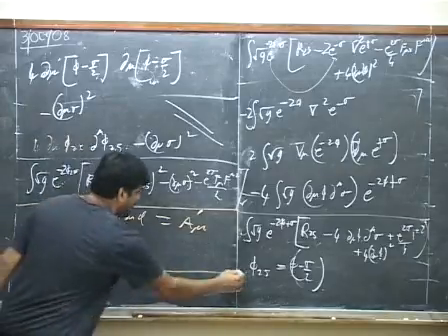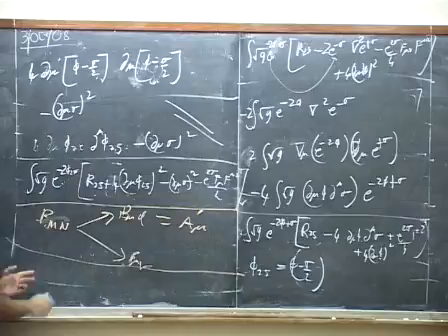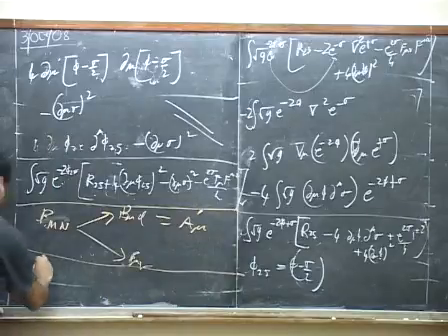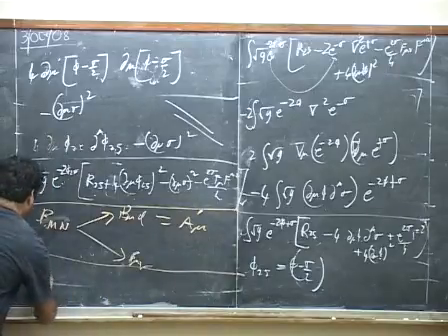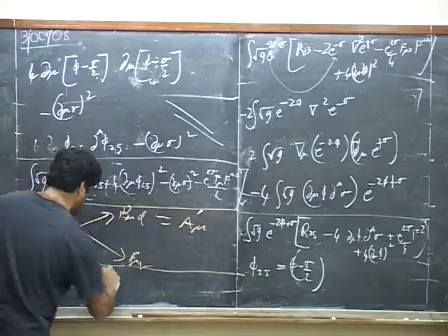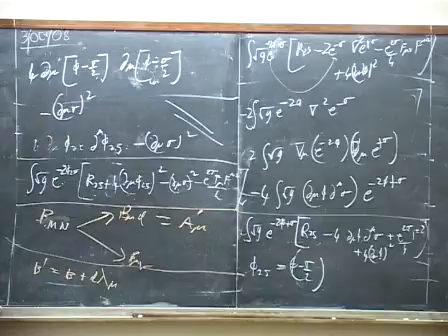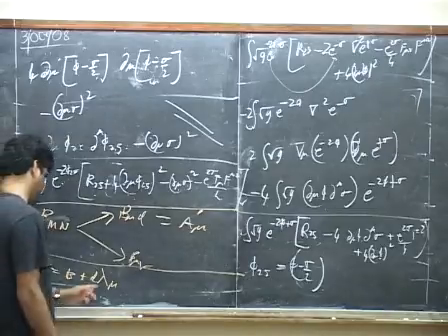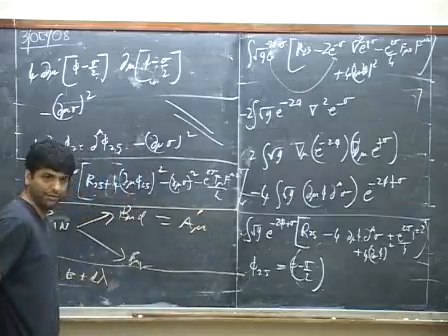How do we see that? The gauge symmetry of B was B prime is equal to B plus d of lambda, where lambda is any one form.